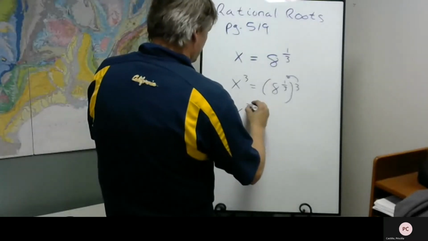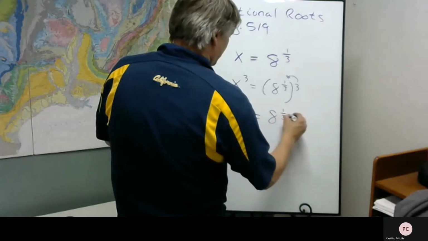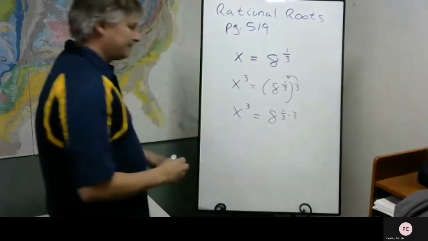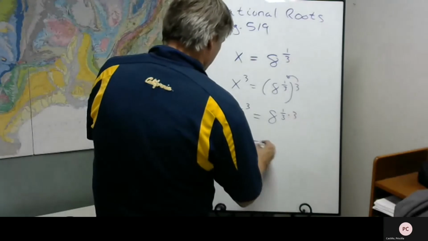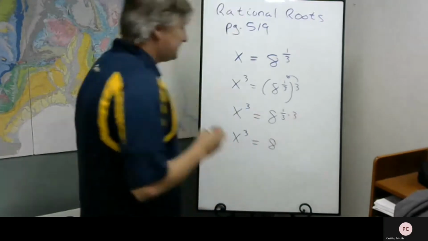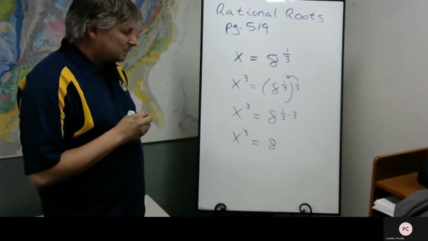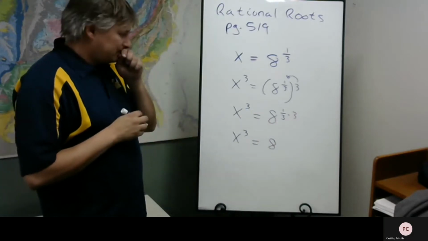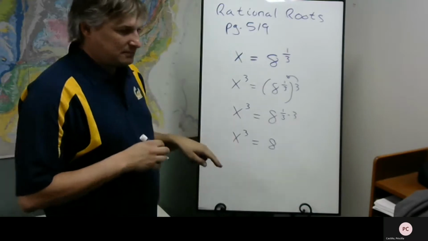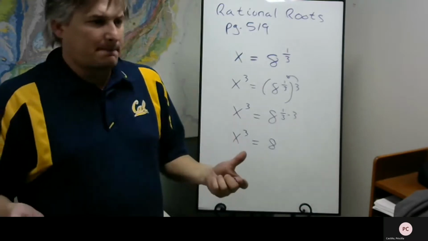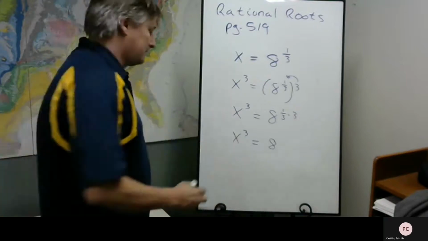You'll get x cubed is equal to 8 to the 1/3 times 3, or x cubed is equal to 8. So what does this say about x? Well, it says that we take 3 x's, multiply them together, we get 8.